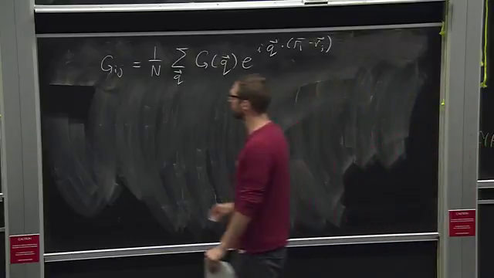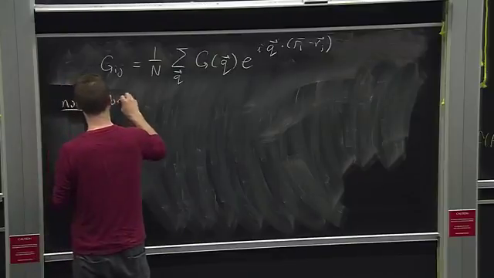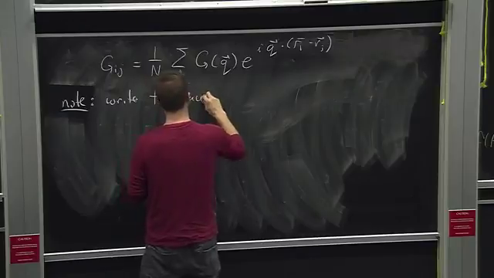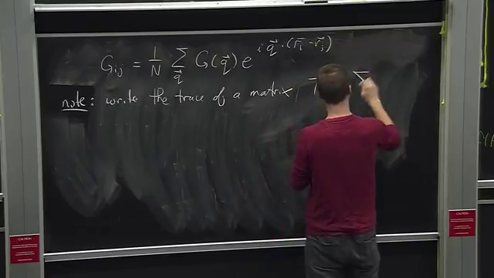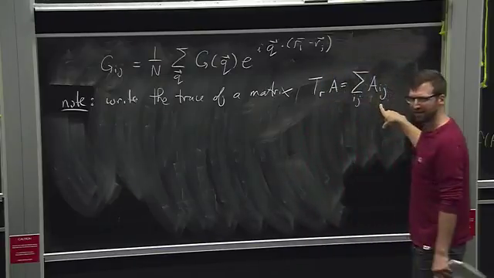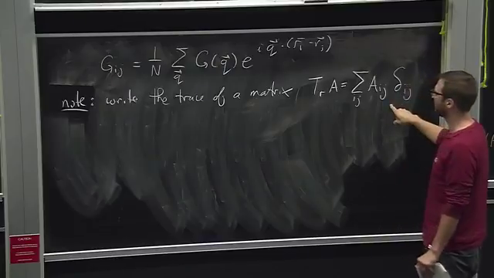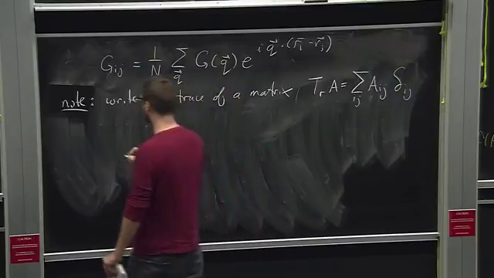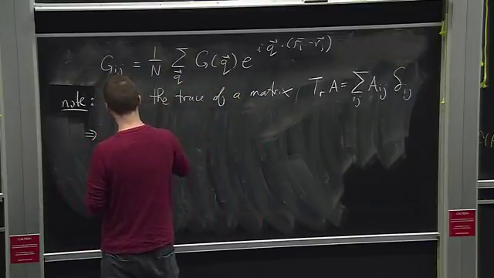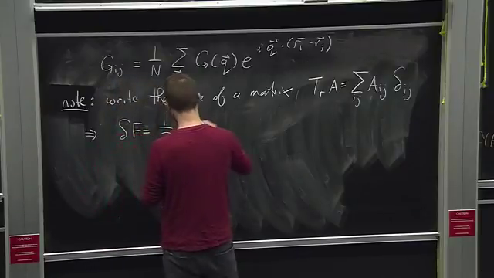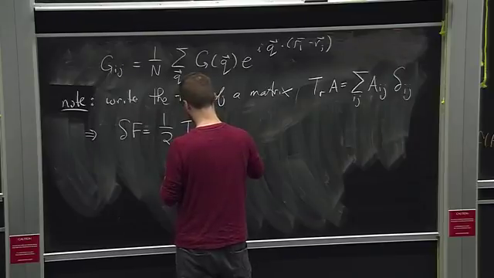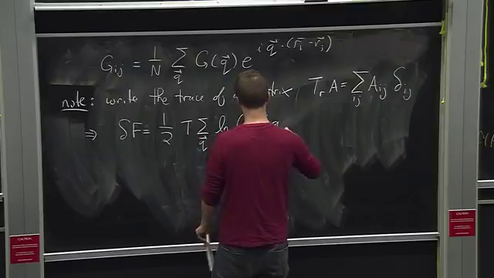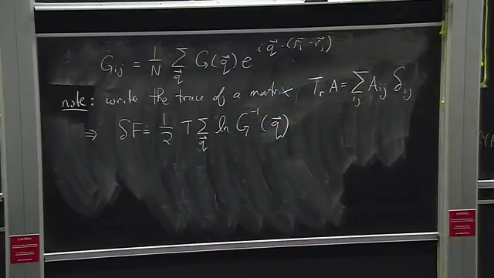But if you just note that you can write the trace, let me just call it A, as a sum over two indices, but with a delta function, then you can easily take this Fourier transform and show that I should get something like 1/2 T. So that delta is going to take care of the sum and leave me with an index, and I need the inverse G_q.